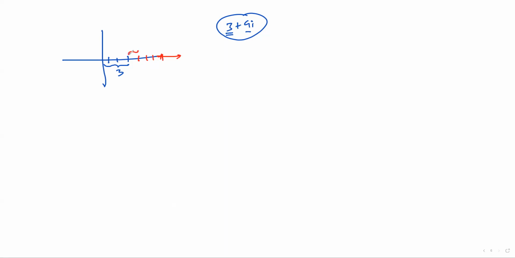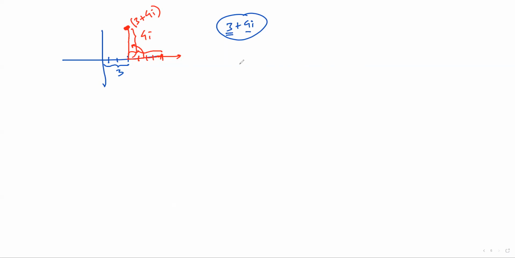We know how to place an additional 4 steps in the real line, but we have to step additional 4i steps. So i is applied to 4 only, not 3 plus 4 overall. So that is why this part is rotated 90 degrees. So this must be the 4i part. So this point must be 3 plus 4i.